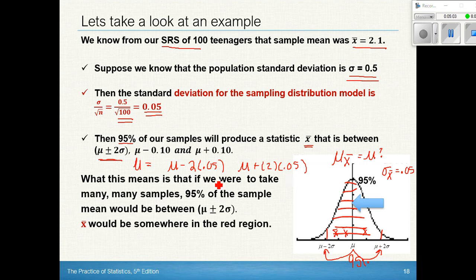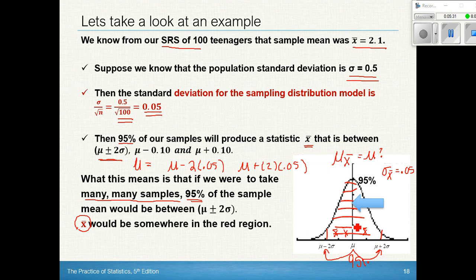Okay, so now what exactly does that mean and why is that important? What that means is if we were to take many samples, 95% of the sample means would be within 2 standard deviations of the mean, somewhere in the red region. So 95% of the time, we would get a sample mean that is within 2 standard deviations of the mean.